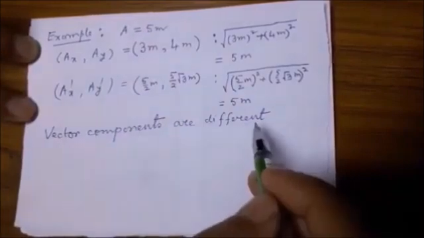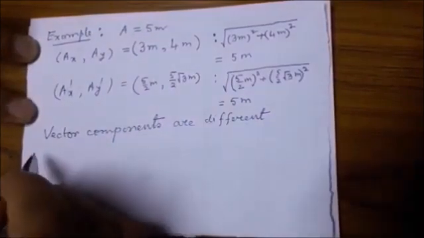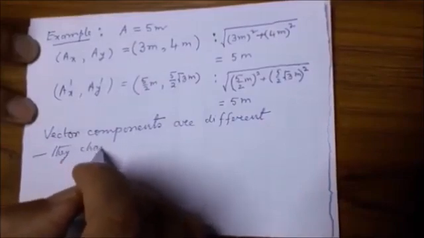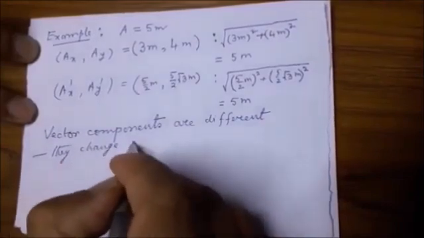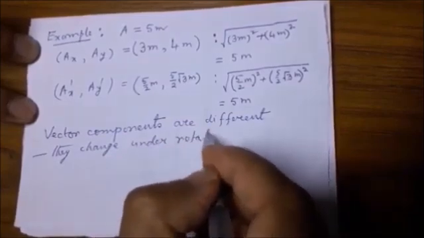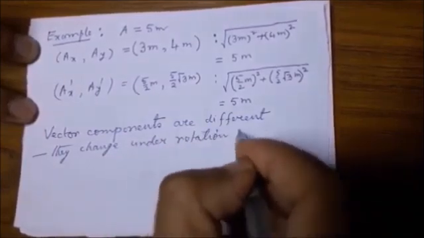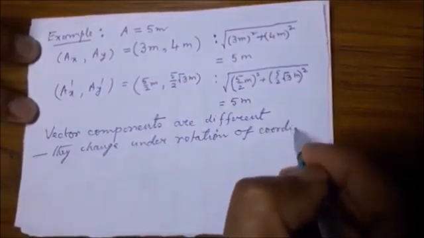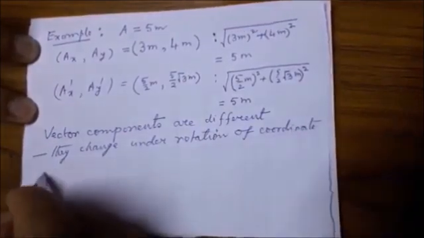So vector components are different. They change under rotation of coordinates, rotation of coordinate system.